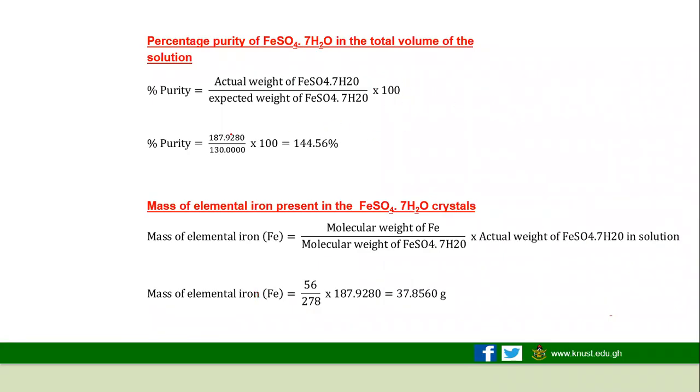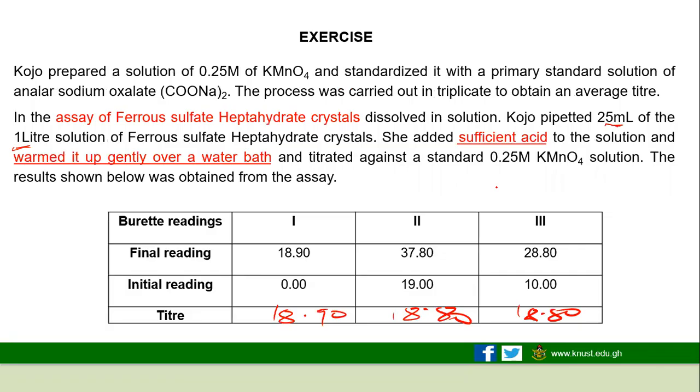Good. Now, the percentage purity would be the actual weight of the ferrous sulfate heptahydrate over the expected weight times 100. The expected weight was given to us in the question, and the actual weight is what has been calculated from the experiment. So the question made mention of the fact that, let me check.